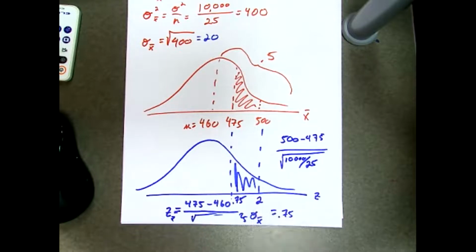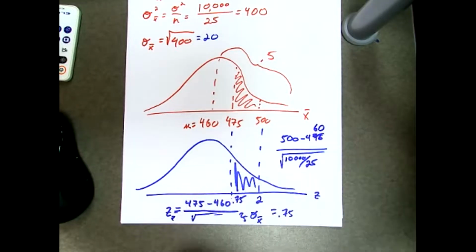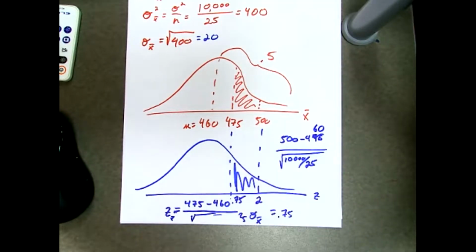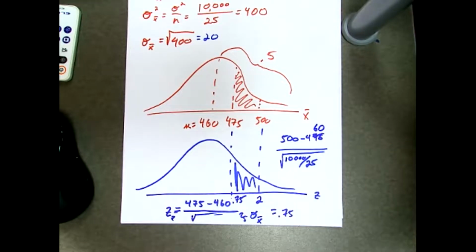That's how I got that z-value of 2 there. Because I was going too fast, yeah, I should be subtracting that part. Sorry, I mixed my numbers up there. I'd always be subtracting that true population mean. Thank you for saying something. Any questions at that point?